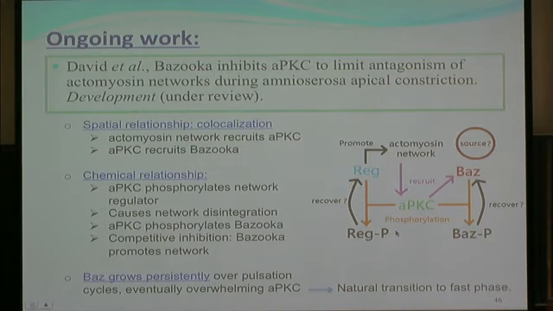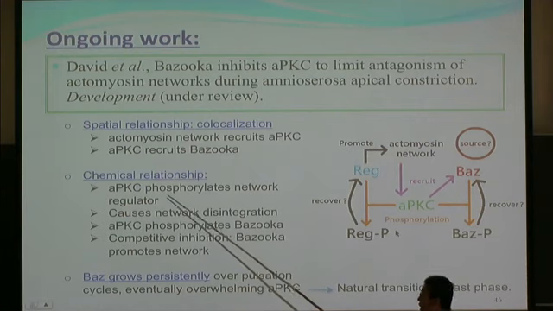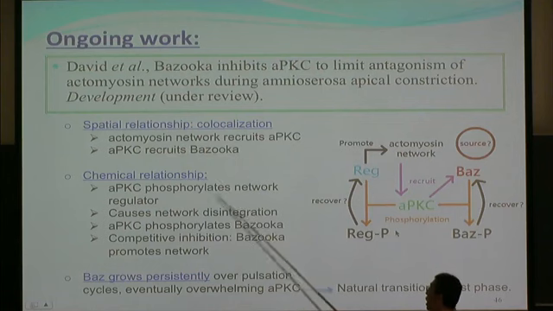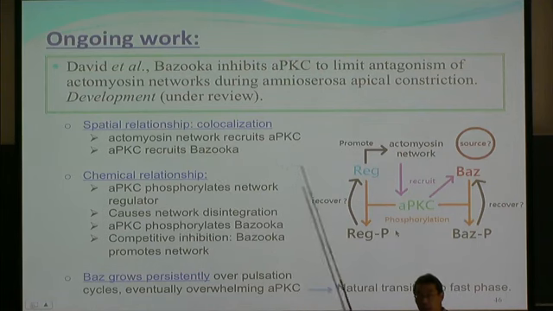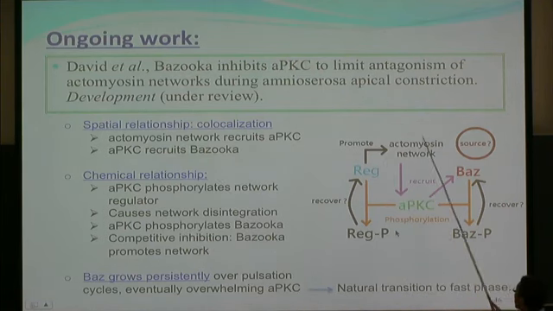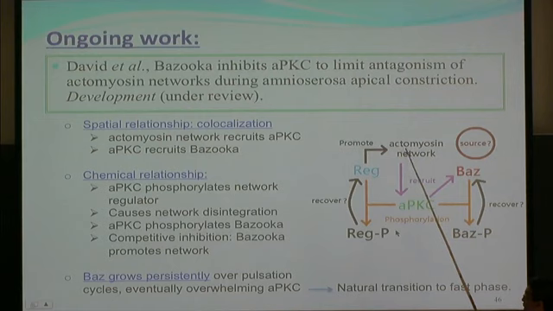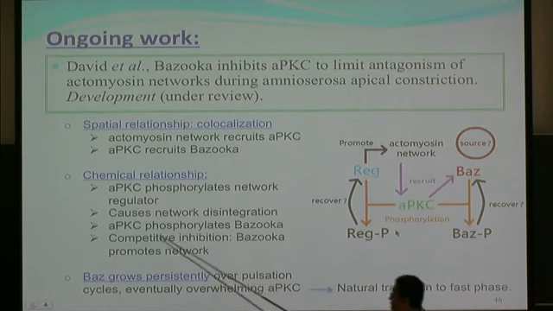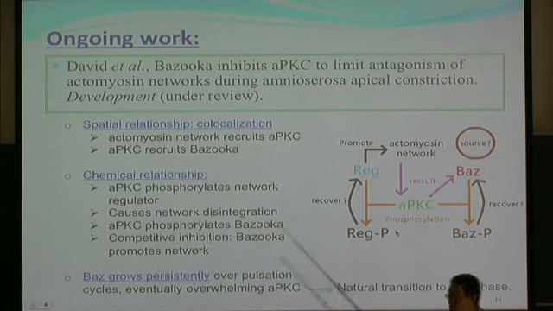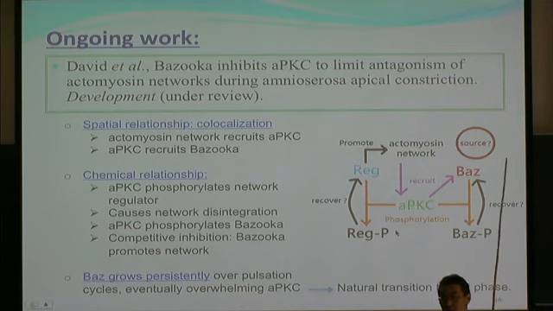That's number 1. Then there is a chemical relationship. aPKC is known to phosphorylate the network regulator, thereby causing the network to disassemble. So there is an inhibition of the network by aPKC phosphorylating the regulator. On the other hand, when aPKC comes into contact with Bazooka, Bazooka also gets phosphorylated by aPKC. So there's potentially a competitive inhibition scenario here.